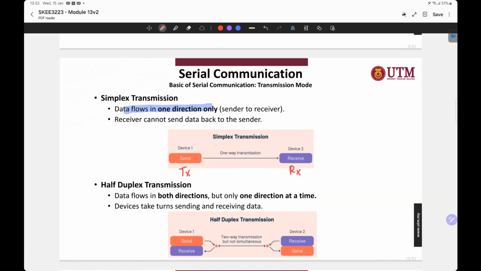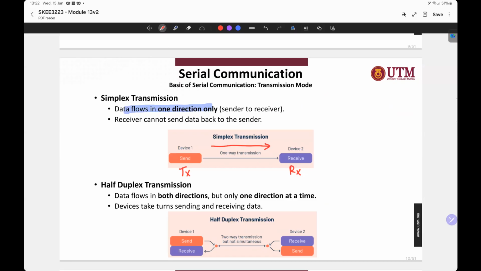The data is a one-way transmission from transmitter to receiver. The receiver cannot transmit data back to the transmitter; device 2 cannot send data back to device 1. So that's what we call the simplex transmission mode.